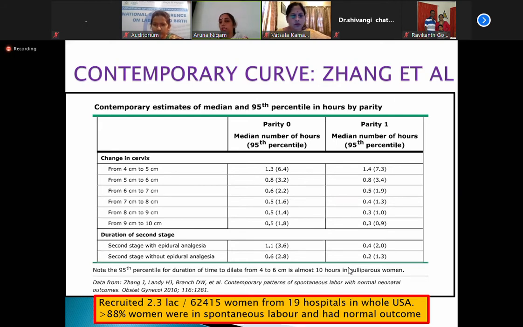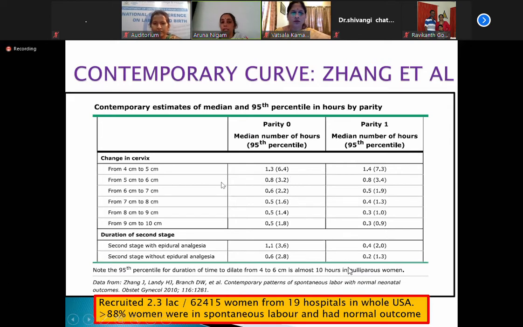So what they have seen from 4 to 5 centimeter, you see, can you understand this graph? This is the median and this is the 95th percentile. That means mean plus minus 1 standard deviation, which we take as normal, right? They have said that it takes 6.4 hours to change from 4 to 5 centimeters.